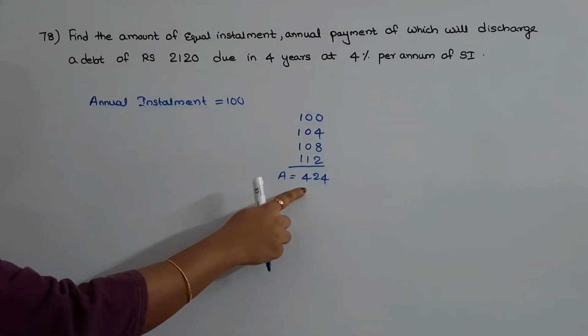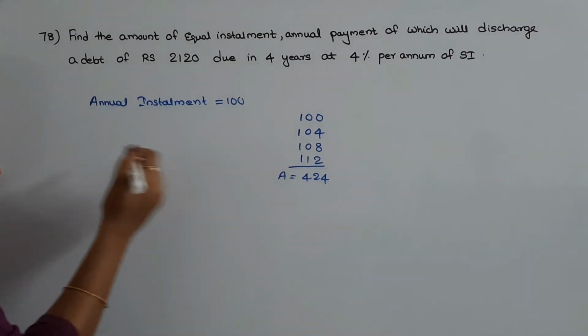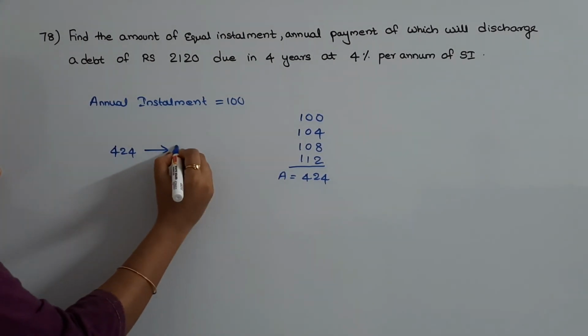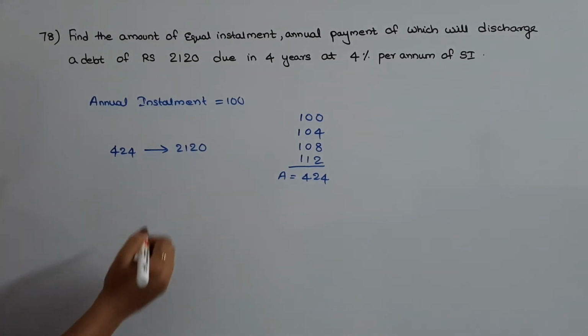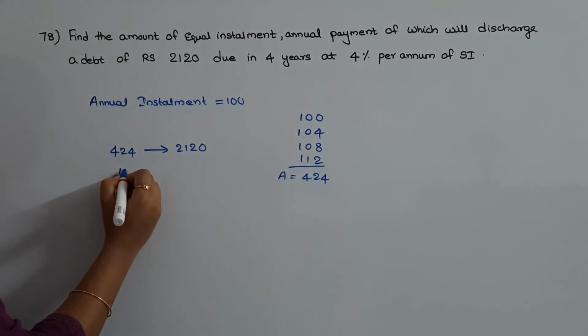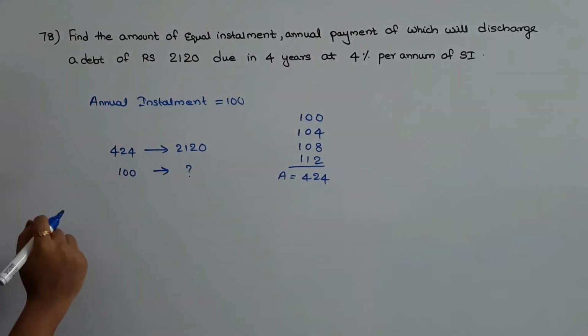This 424 is given in the question as 2120. If 424 can be written as 2120, we need to find out this annual installment. Then how can we represent this 100? This we will get on cross multiplying.